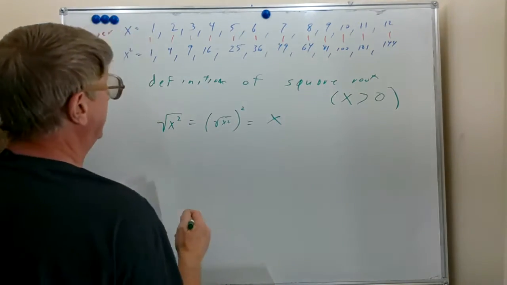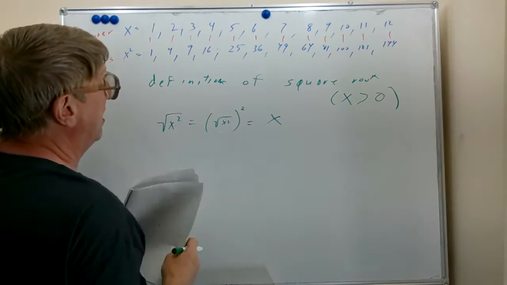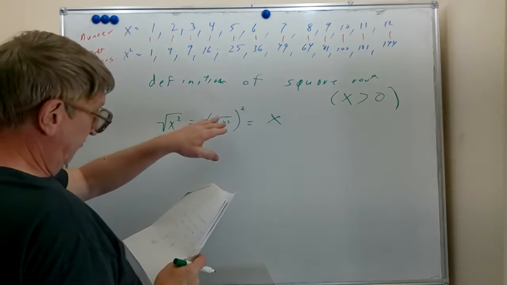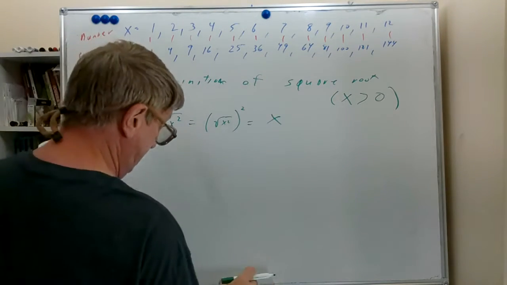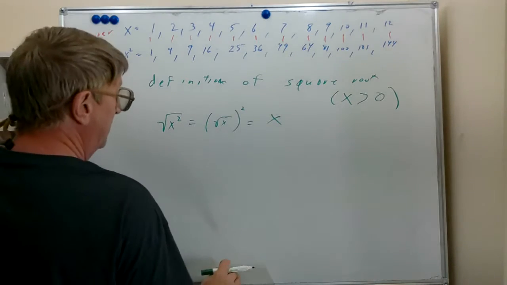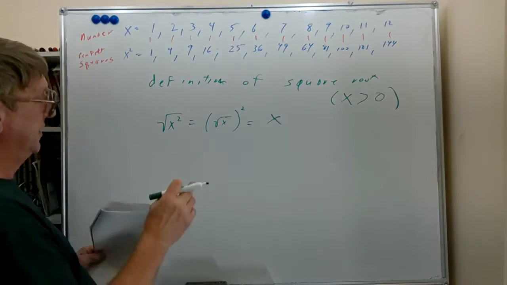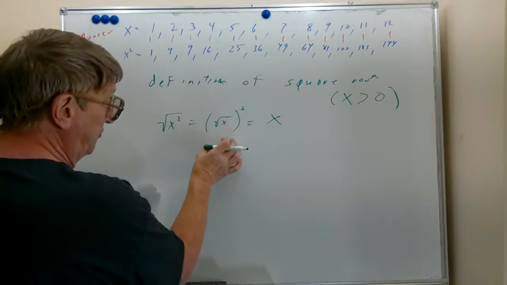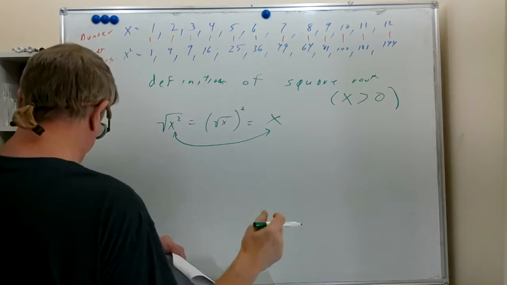So this squaring undoes the square root. The square root of x squared equals x.